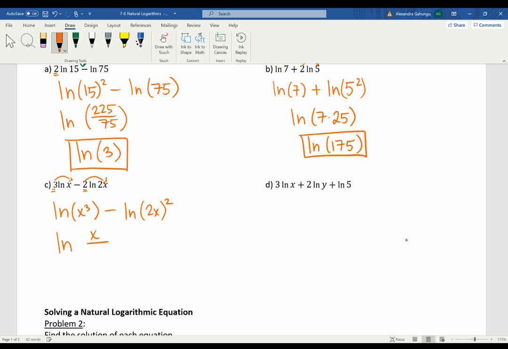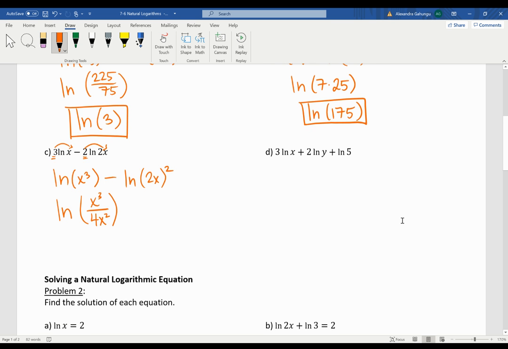So ln of x cubed over 2x squared. What is 2x squared? It's actually 4x squared, because both of those are being squared. And then we'll cancel our x's because it looks like we can do that here. So I've got 1x in the numerator, and I'm going to cancel. And I've got a 4 in the denominator. And that's my final answer.